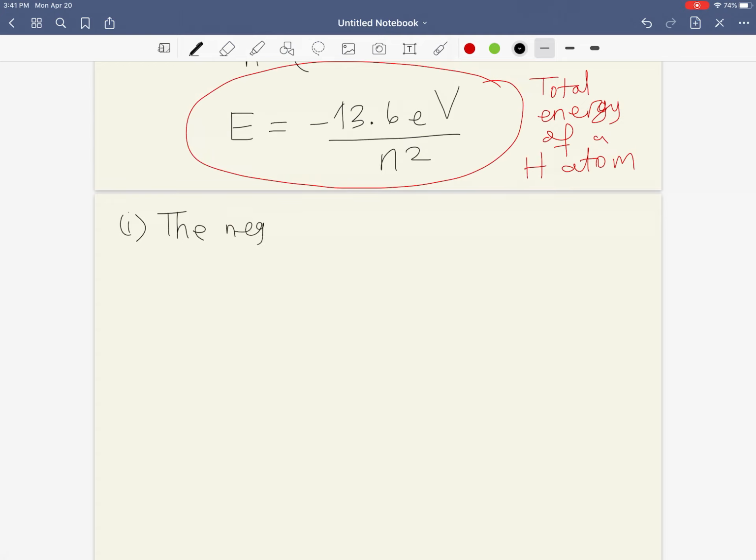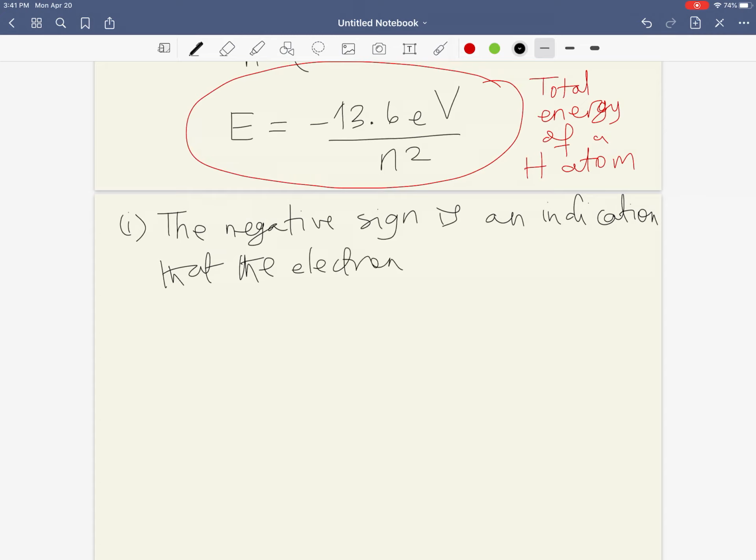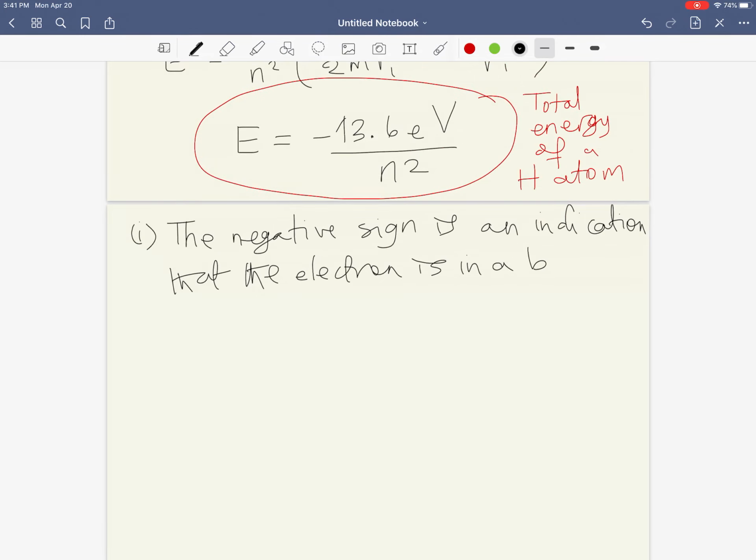the negative sign is an indication that the electron is in a bound state. That is, the electron is bound by Coulomb attraction.